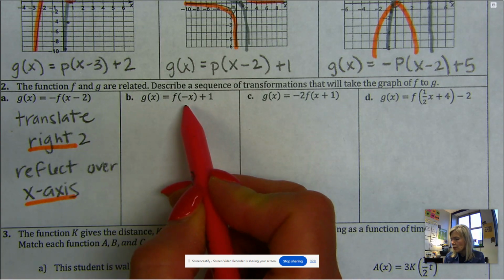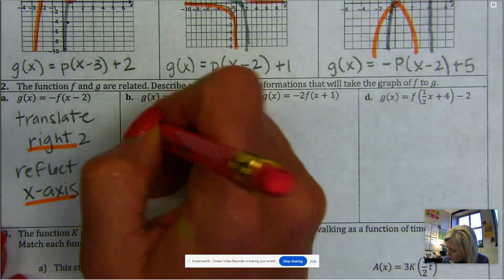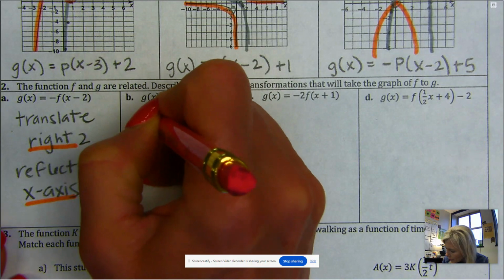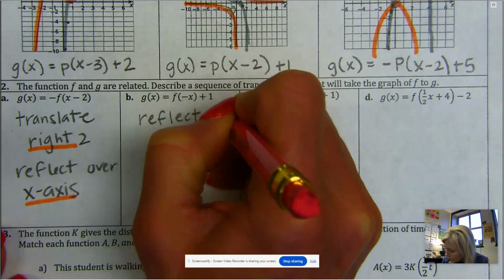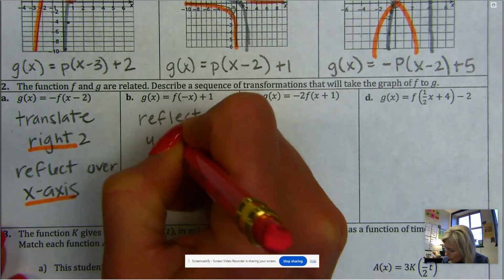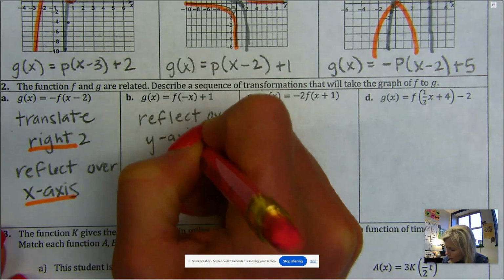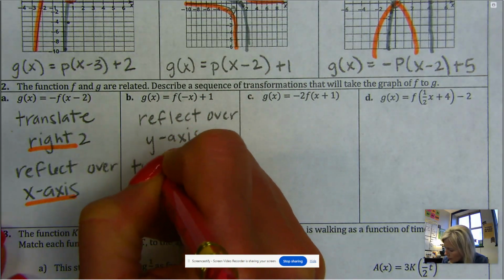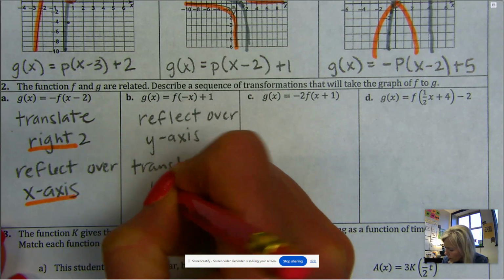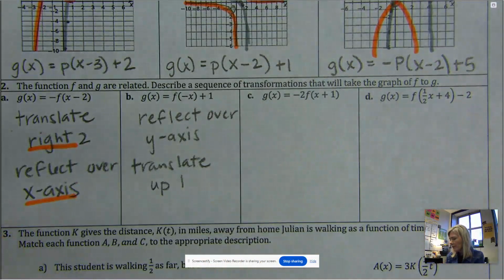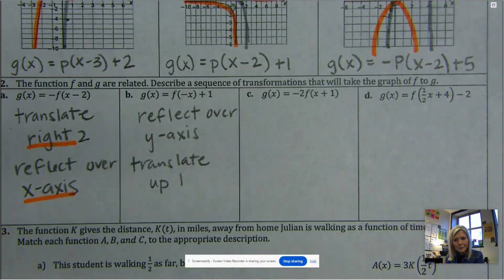So that reflects over the y-axis. I'm going to go ahead and write that first. The y-axis. And then translate up by 1.